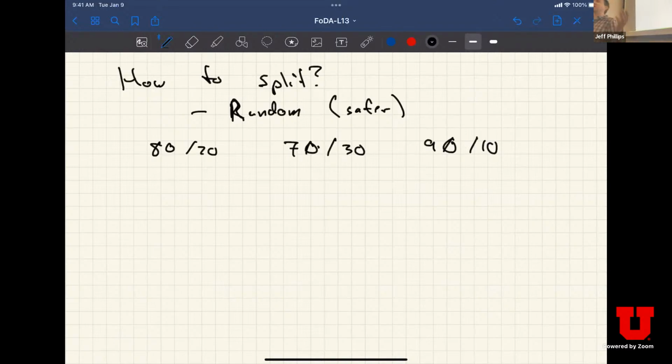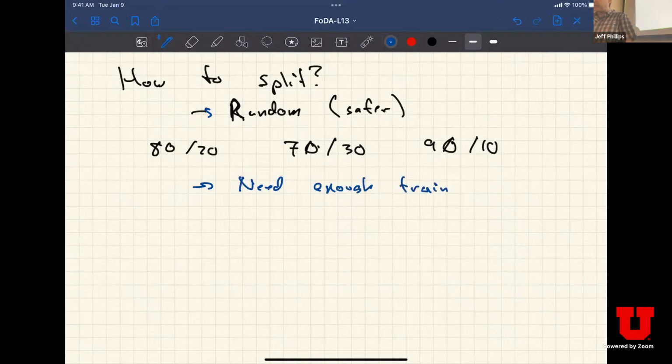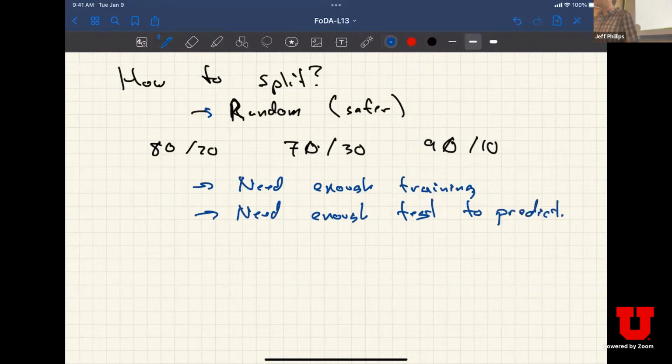Really the answer here is, I need enough training for the model to do well, and I need enough test to predict. The testing probably needs less. Why is this?